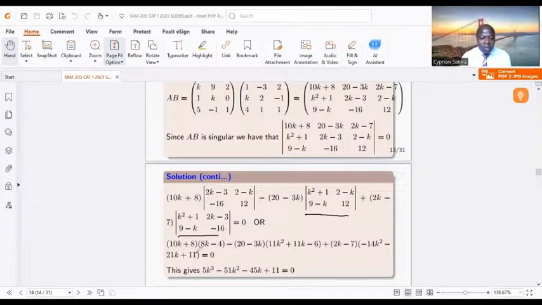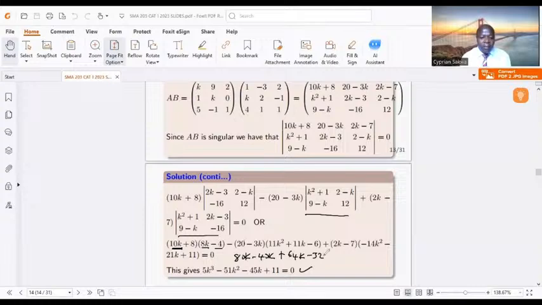Now, after this, you just open the brackets and collect like terms and see that you arrive at this. What I mean is this: multiply this by that, you have 8k. This times that, you have negative 40. This and that, you have 64k. This and that, you have negative 32.